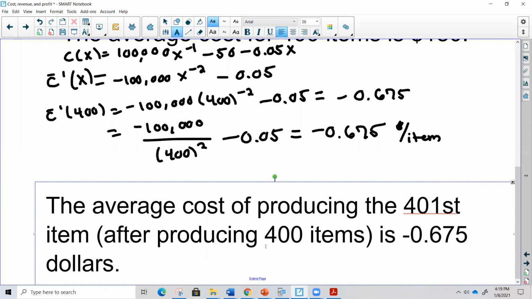So the average cost of producing the 401st item after producing 400 items is that negative $0.675.